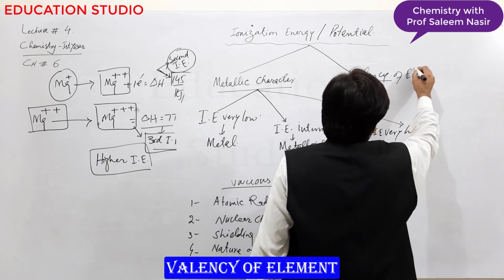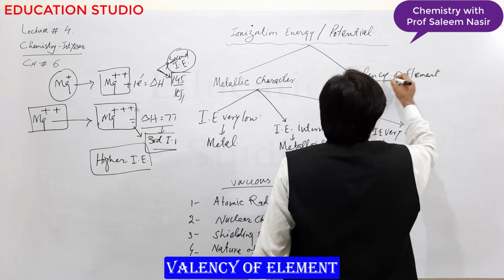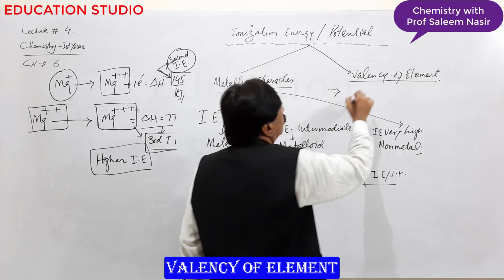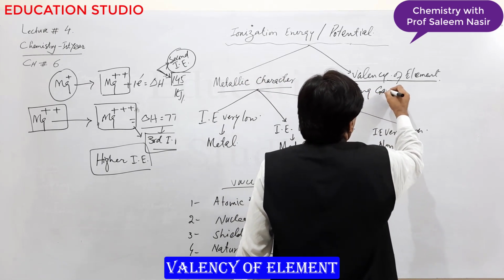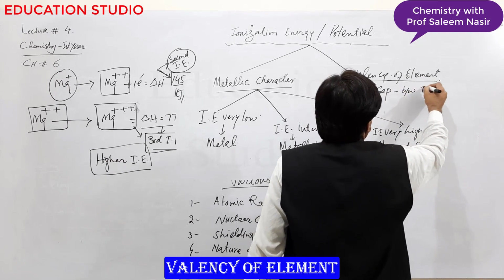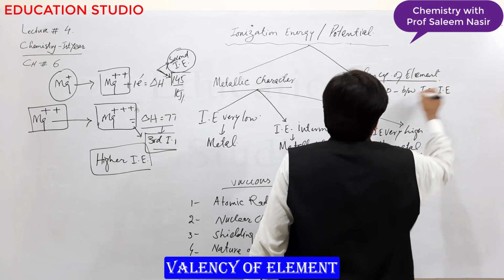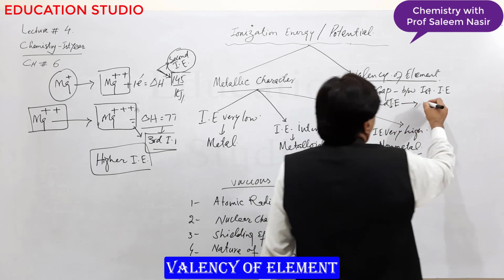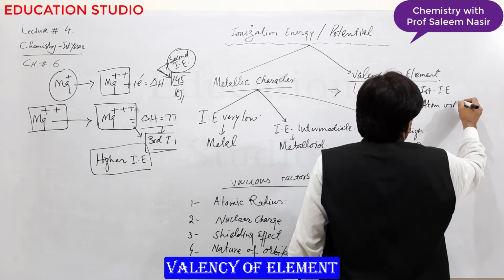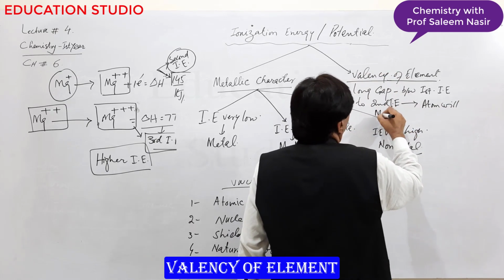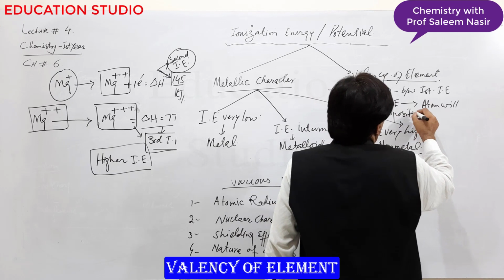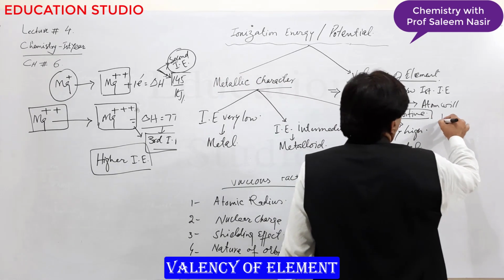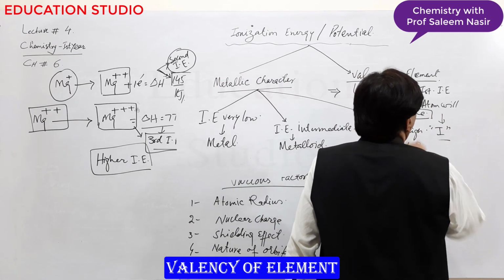Valency of an element: when there is a long gap between the first ionization energy and the second ionization energy, then that atom will be monopositive, meaning it will have a valency of 1.